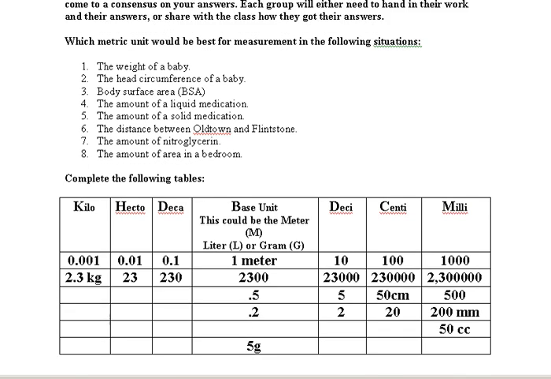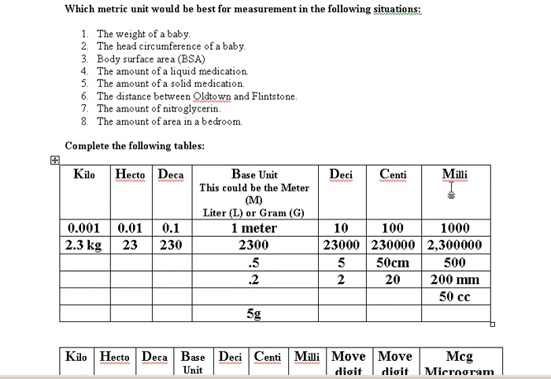Same thing, a cc is the same as a milliliter, so we would have 5 centiliters right here, 0.5 deciliters, and 0.05 liters right there. Okay, and then 5 grams, move it to the right, be like 50, 500, 5,000 milligrams.